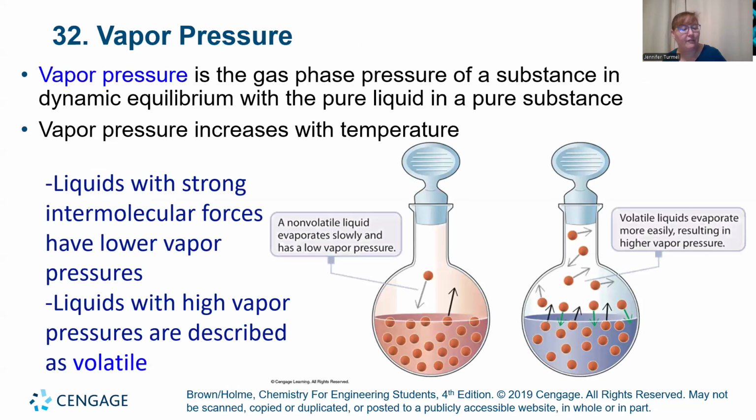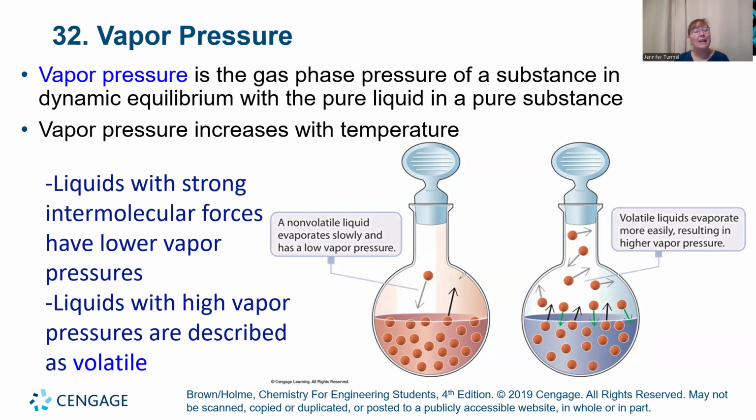Okay, let's take a look at vapor pressure. In this case, we can see the vapor pressure is the gas phase pressure of a substance in a dynamic equilibrium with the pure liquid in a pure substance. Okay, so what we have here is strong intermolecular forces, and that means that they'll have lower vapor pressures.